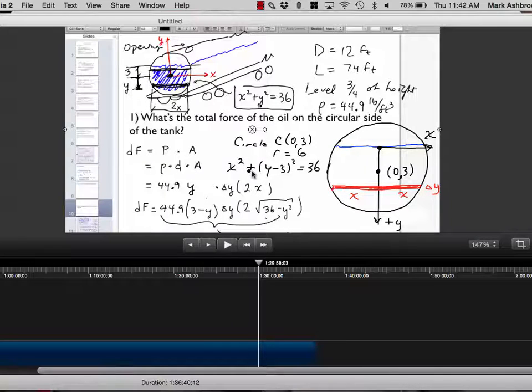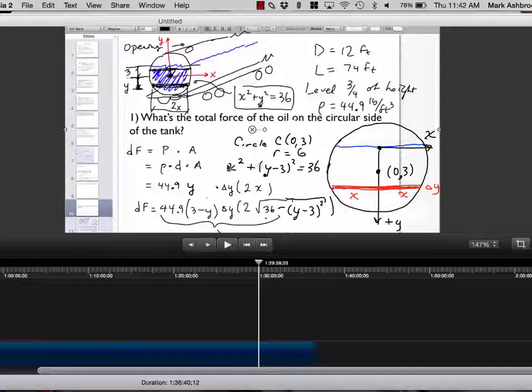Now when I solve for x, it's going to be similar. It's going to be 36 minus this whole thing, and then the square root to get x by itself. So we change this to the square root of 36 minus (y minus 3) quantity squared. That's our x coordinate now, because the center of the circle is at (0, 3), so we have to accommodate for that.